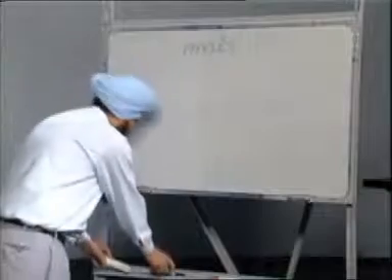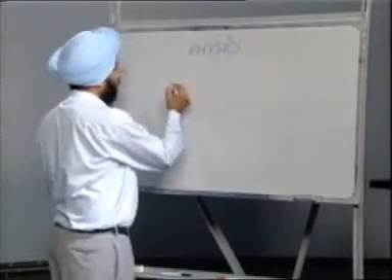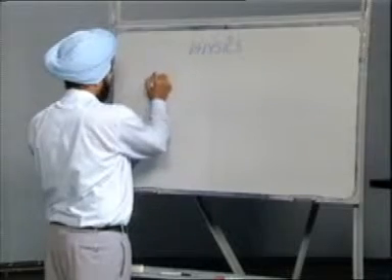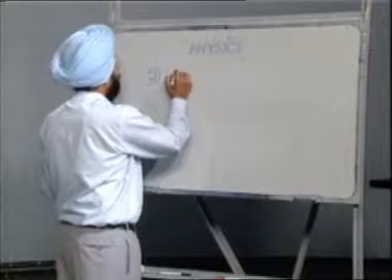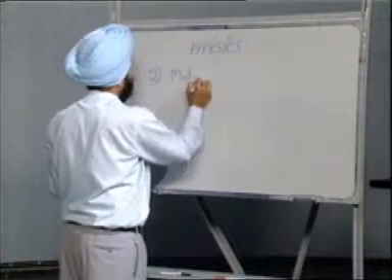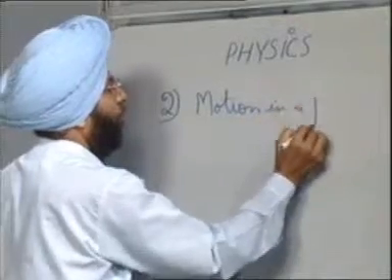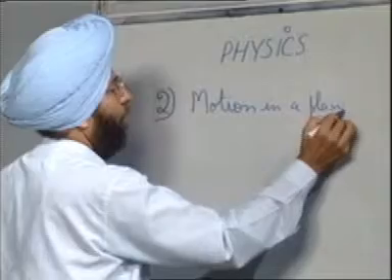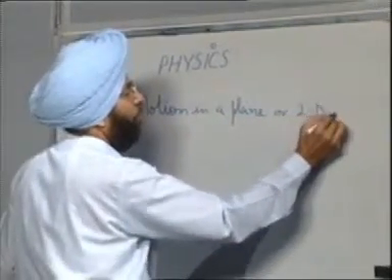To fully define this motion, we need two coordinates. So, this kind of motion is called two-dimensional motion, motion in a plane.